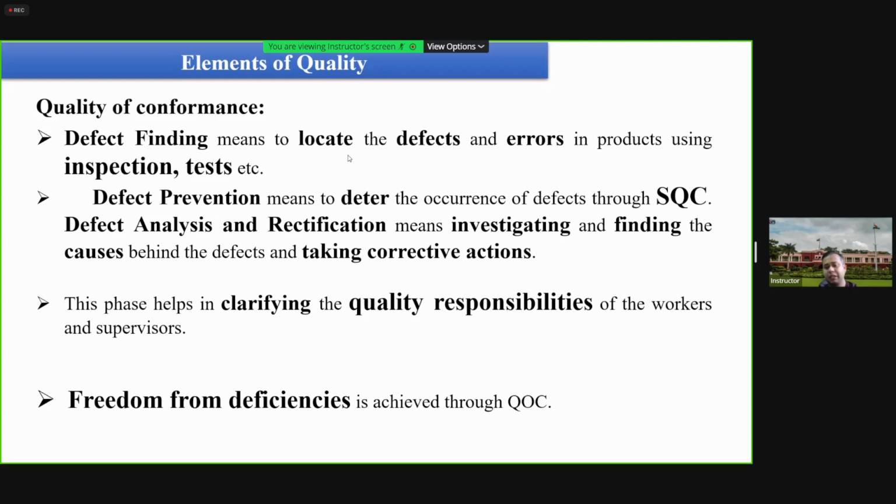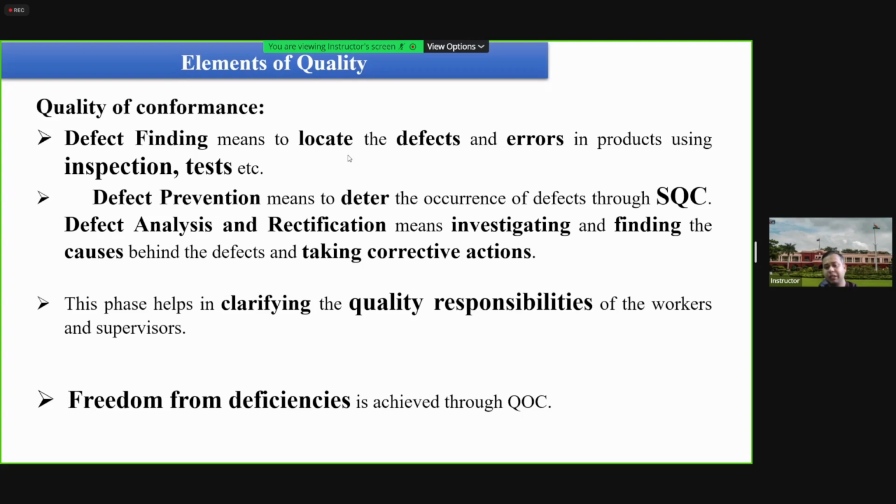And this performance can be ensured only when we have achieved the targets of both the quality of design and quality of conformance stages.